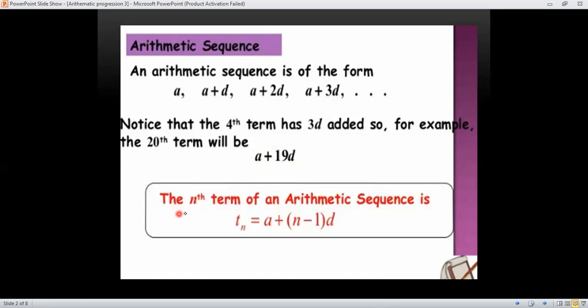That means the nth term of an arithmetic progression is A plus (n minus 1)D. So, by using this formula, we are going to solve the questions of this exercise 5.2. Let us start with questions.